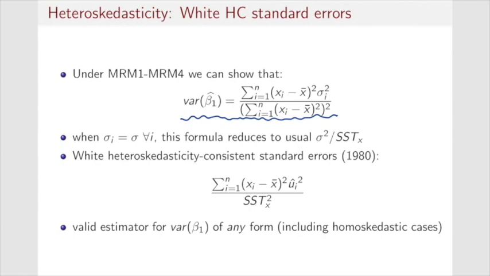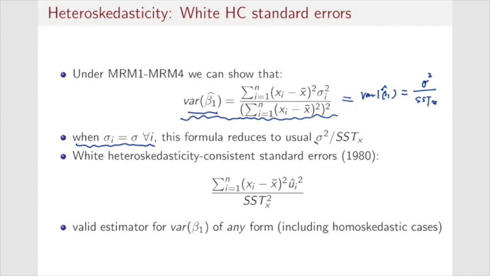Remember that under homoscedasticity, the variance of beta 1 hat is equal to sigma square divided by SST_x. When sigma_i equals sigma for all i, it means we do not have heteroscedasticity anymore. Then this formula for the variance of beta 1 hat will exactly equal the variance of beta 1 hat under homoscedasticity.